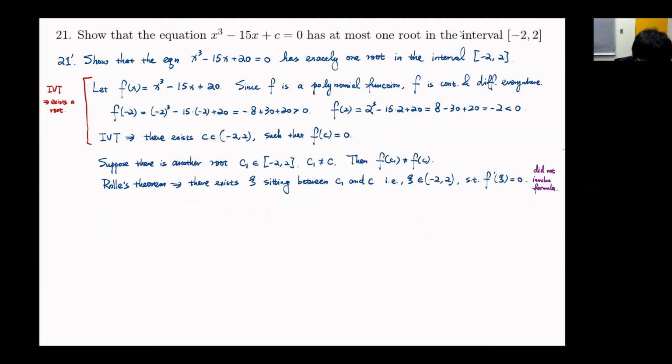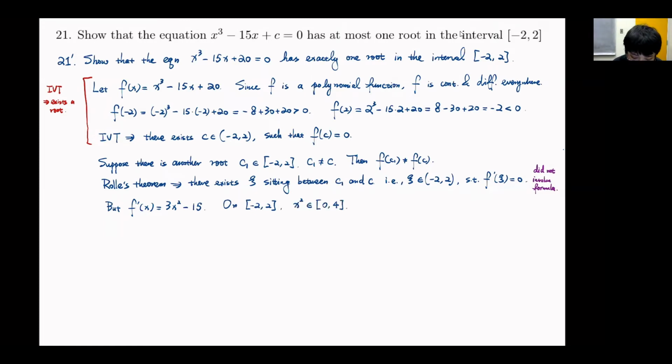So let's compute f prime of x. f prime of x equals 3x squared minus 15. Okay, 3x squared minus 15, what does that tell me? This is going to be a function on minus 2 and 2. It's pretty easy for you to track that on minus 2 and 2, x squared is going to be sitting between 0 and 4.